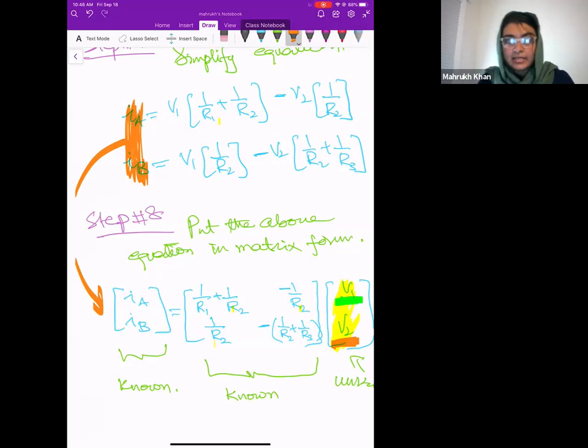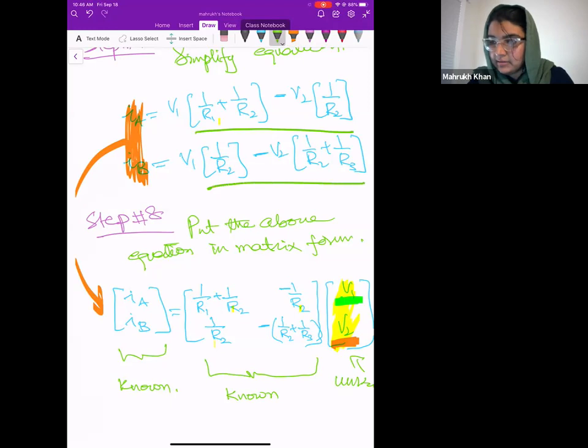But I took V1 and V2, which are in the horizontal form, in the vertical form, because you can see that in matrices we do rows and columns. So I took the unknowns and put them in the column form, and then I took these resistors and put them as they are in the matrix form, making it a 2 by 2 matrix.